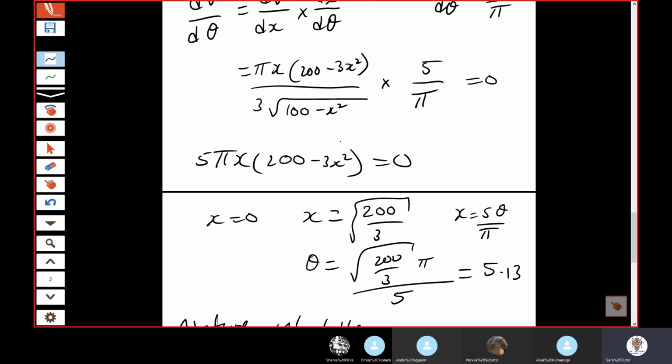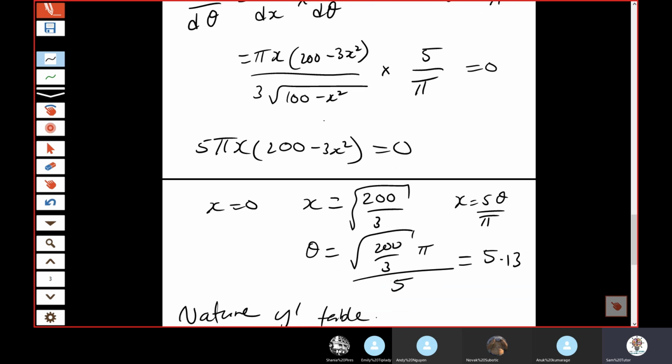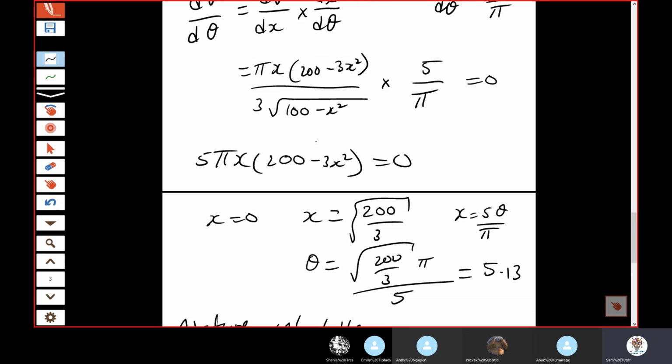What have I done wrong? Did I sub something in wrong? 200 minus 3x squared. I know where it should have been negative 3x. No, something's wrong.